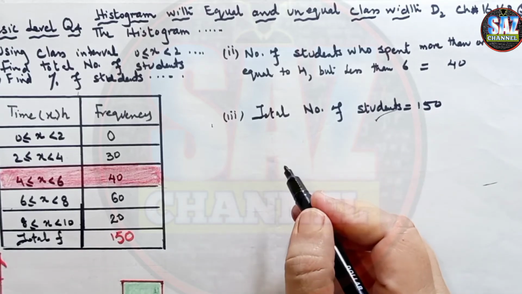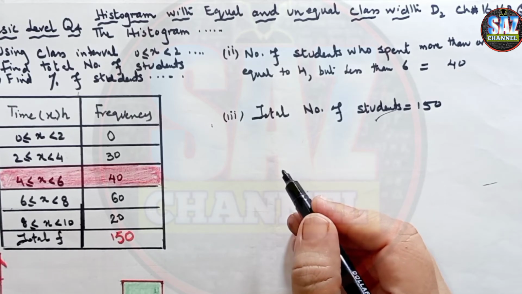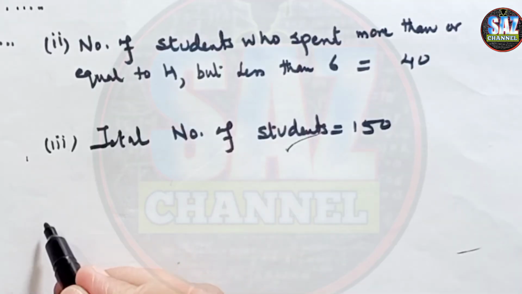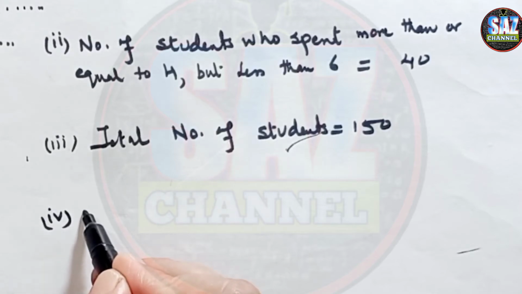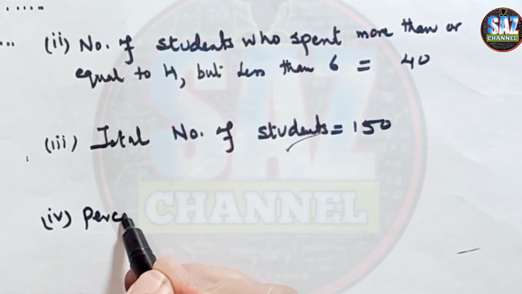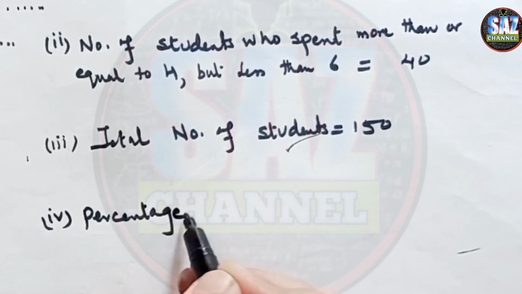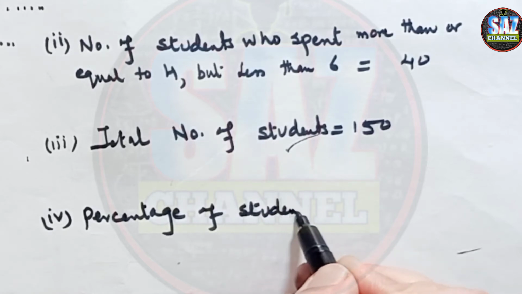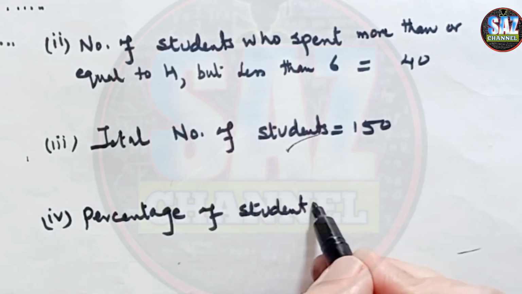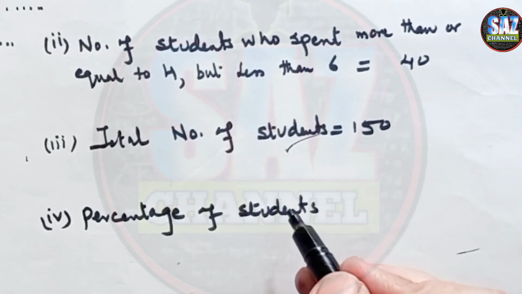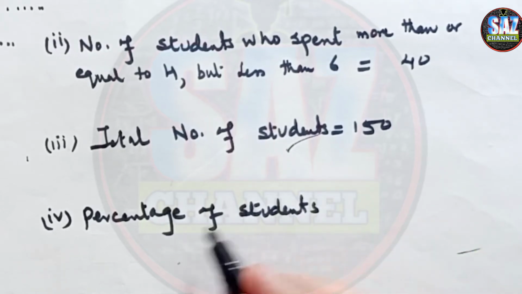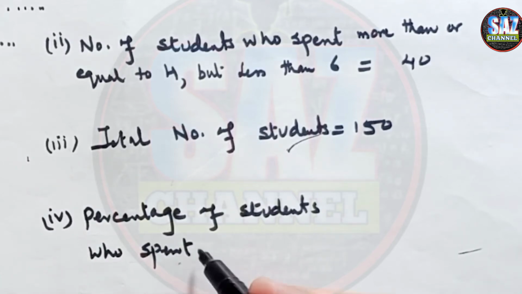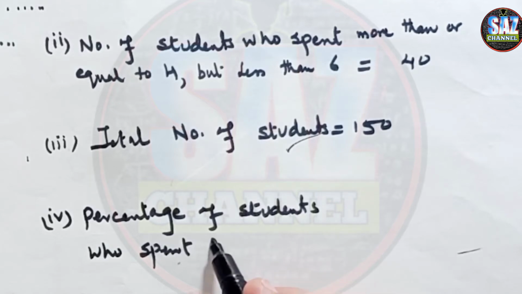And the next part says find the percentage of students who spent less than 6 hours. Okay, percentage of students who spent less than 6 hours.